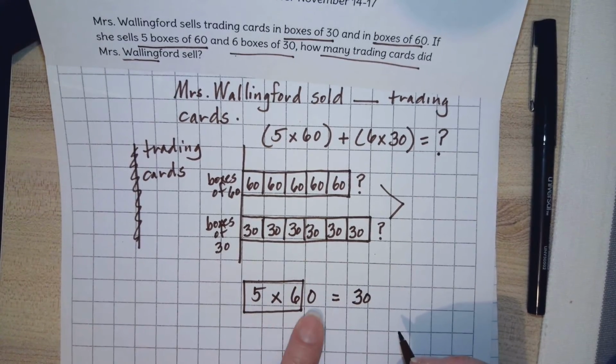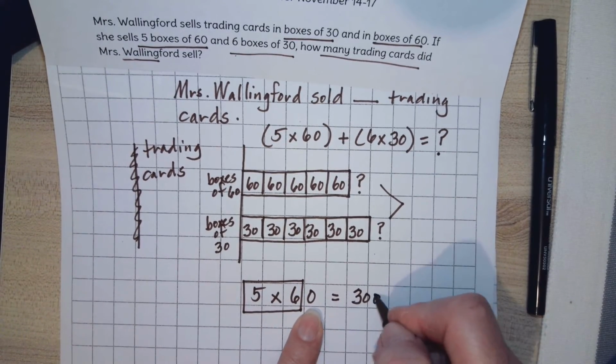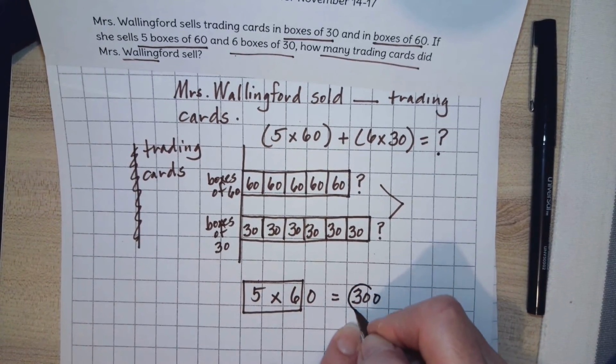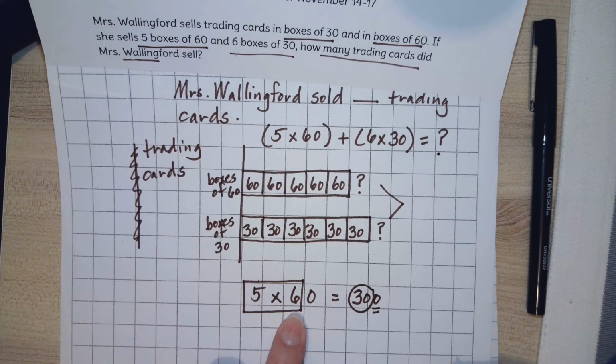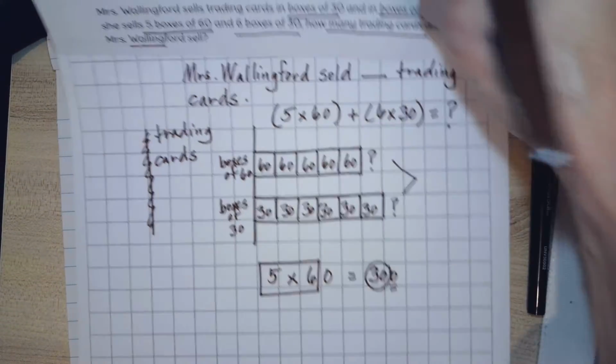Well, 5 times 60 is 300 because you have that 30, and then you have to add the 0 because this is not 5 times 6 that we're doing, we're doing 5 times 6 tenths. So we have 30 tenths. That's what 300 is, 30 tenths.